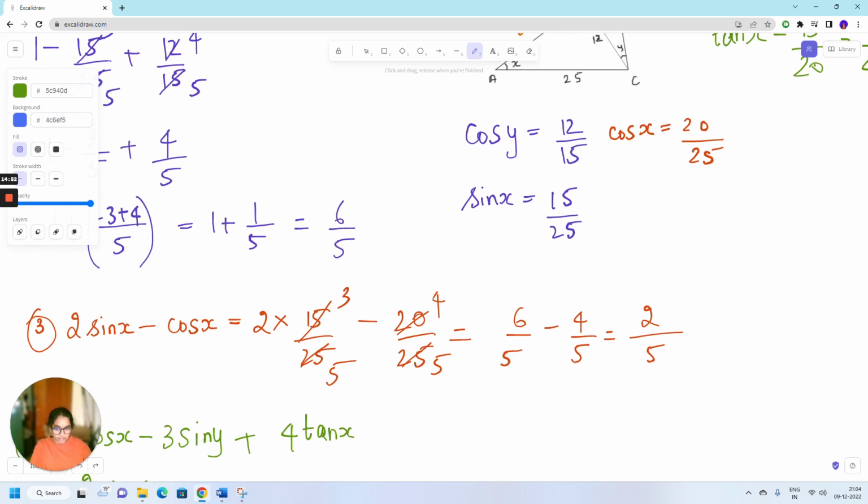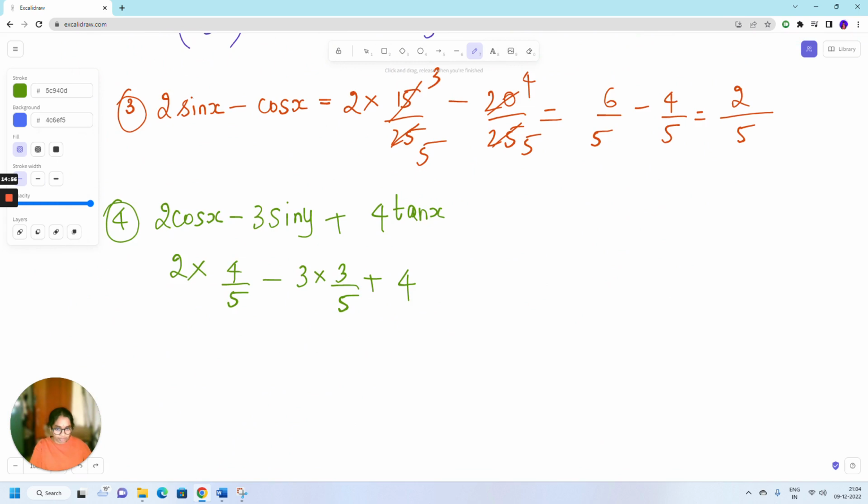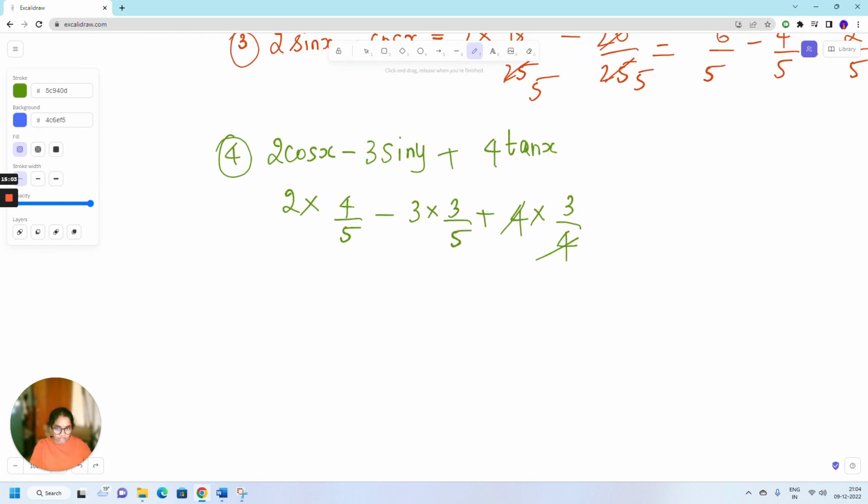Yes, so let me substitute the value of tan x as 3 divided by 4. 4 and 4 get cancelled. Now we have 4 2s are 8 divided by 5 minus 9 divided by 5 plus 3.